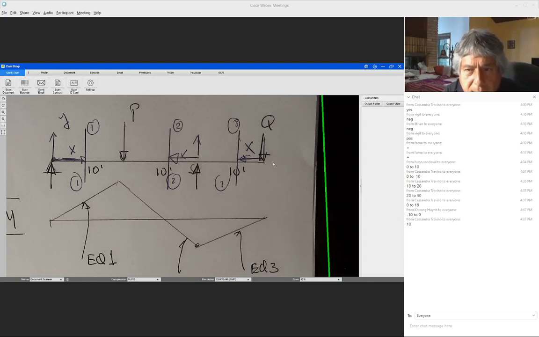From where to where? This equation is good between this point and this point. From 0 to 10. Excellent. 0 to 10.